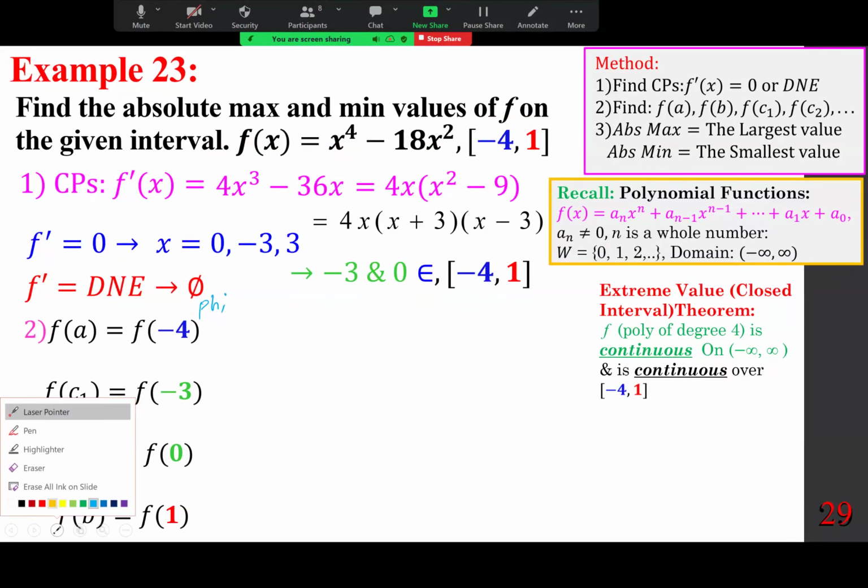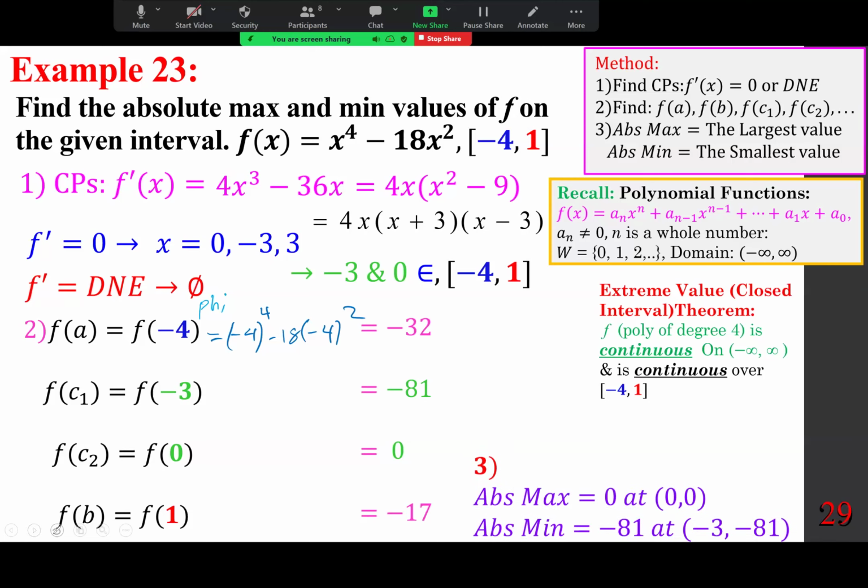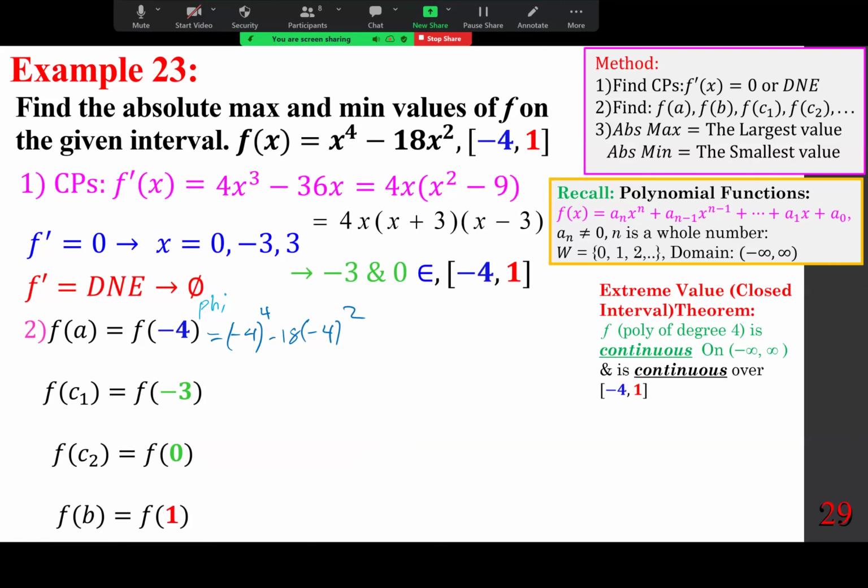Negative 4 gives you negative 4 to the power of 4 minus 18 times negative 4 squared. Negative 3 gives you negative 3 to the power of 4 minus 18 times negative 3 squared. And when you evaluate them, you get those values.